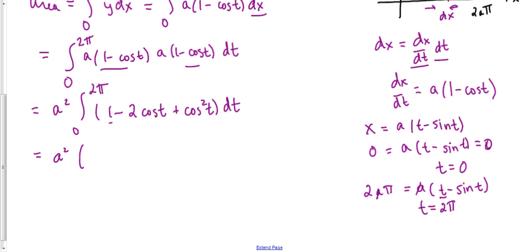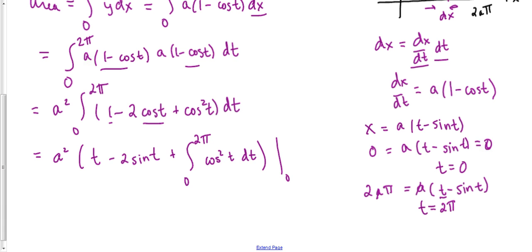When I integrate the 1, I'm going to get t. When I integrate cosine t, I'm going to get negative 2 sine t. The problem is going to be this integral from 0 to 2 pi of cosine squared t dt. And of course, this whole thing is going from 0 to 2 pi.